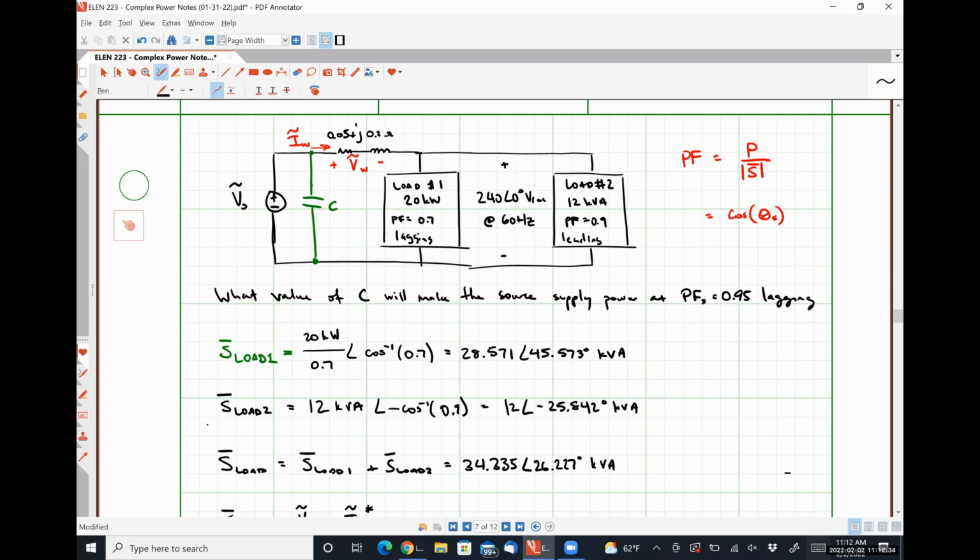Well, I would argue that the complex power that's being supplied by the source is the same as the sum of the complex powers being absorbed by these two composite loads and our transmission line. Effectively, power supplied in the system has to equal the power absorbed in the system.